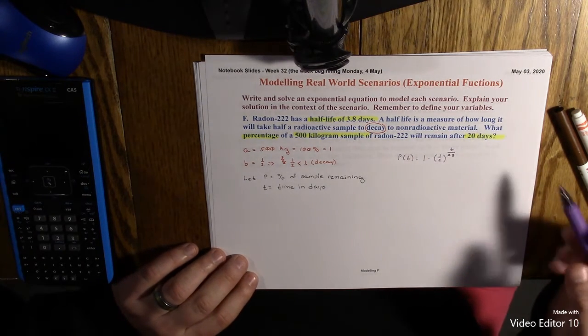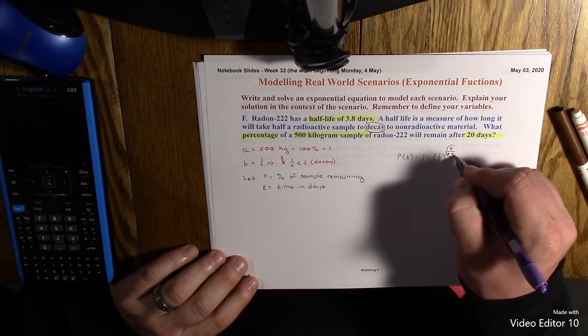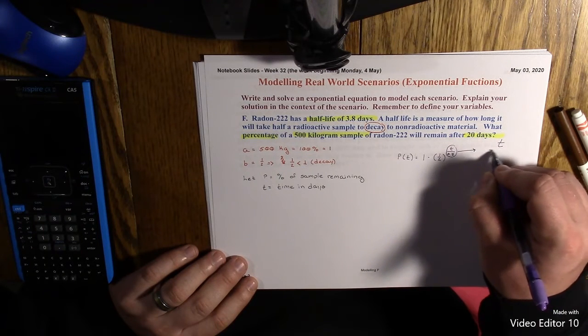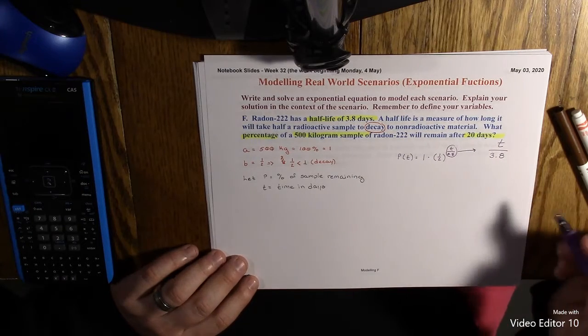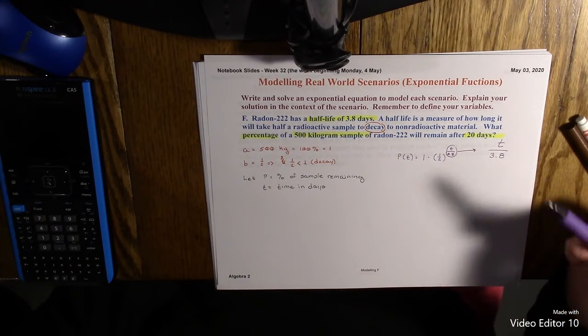This is t divided by 3.8, telling us how many of those 3.8-day half-lives fit into our time.